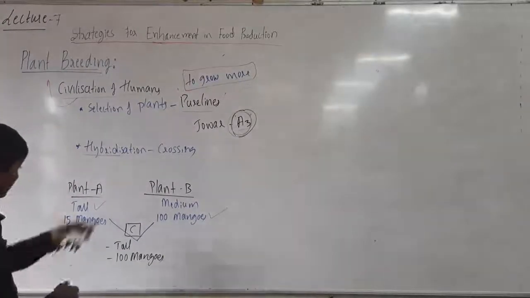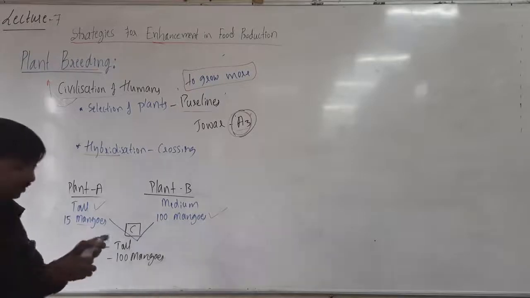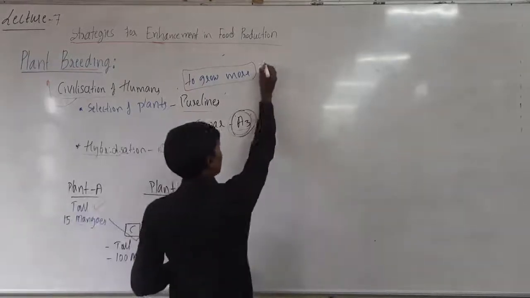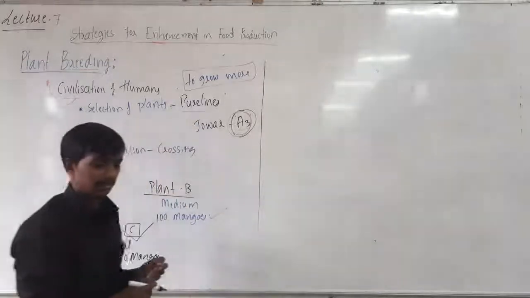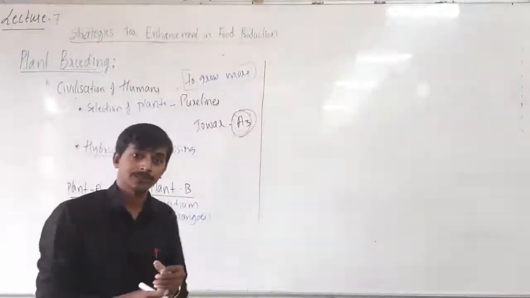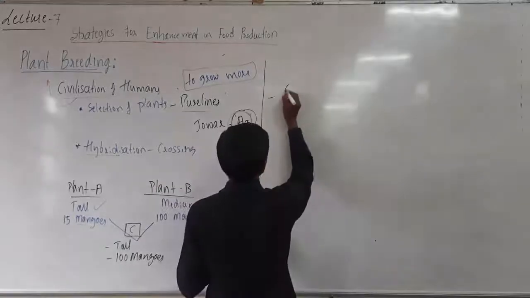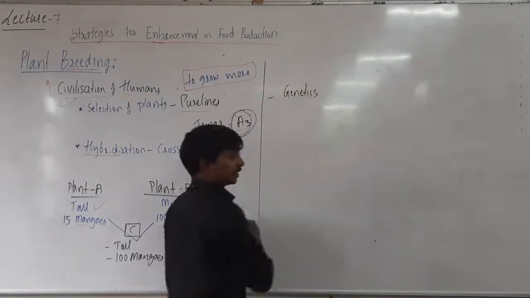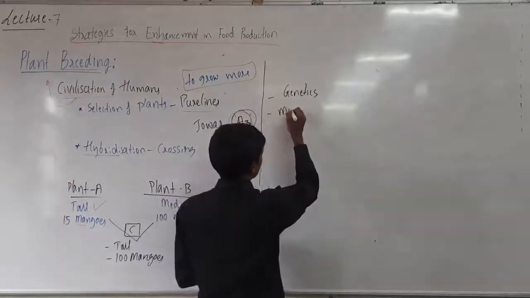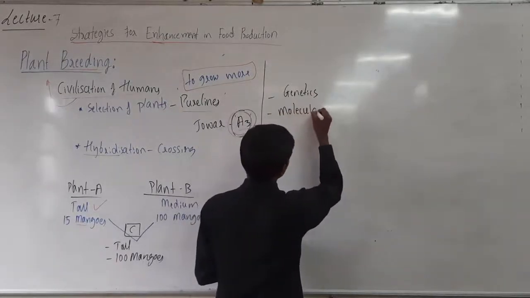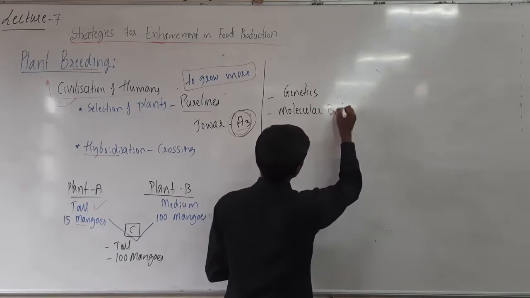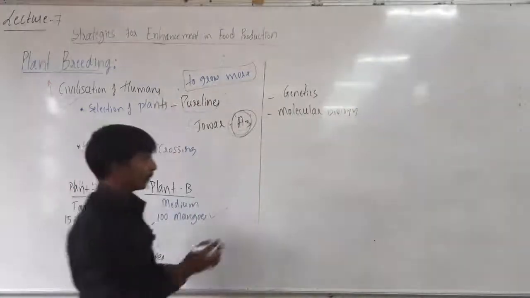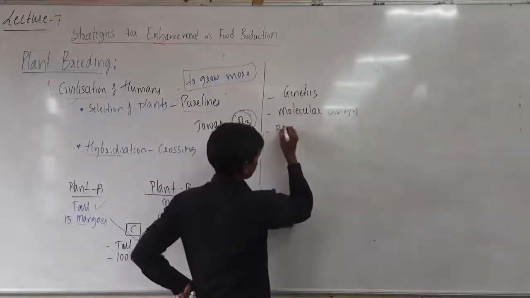Okay, so this has been used in nowadays agriculture. And also along with this, nowadays people are using many techniques like taking the help of genetics. They are taking the help of molecular biology. Also, for plant breeding, they are taking the help of biotechnology.